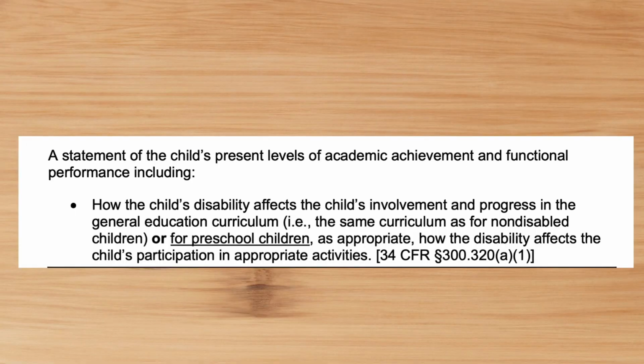So here's the legalese. It says how the child's disability affects the child's involvement and progress in the general education curriculum, i.e., the same curriculum as for non-disabled children, or for preschool children as appropriate, and how the disability affects the child's participation in appropriate activities.